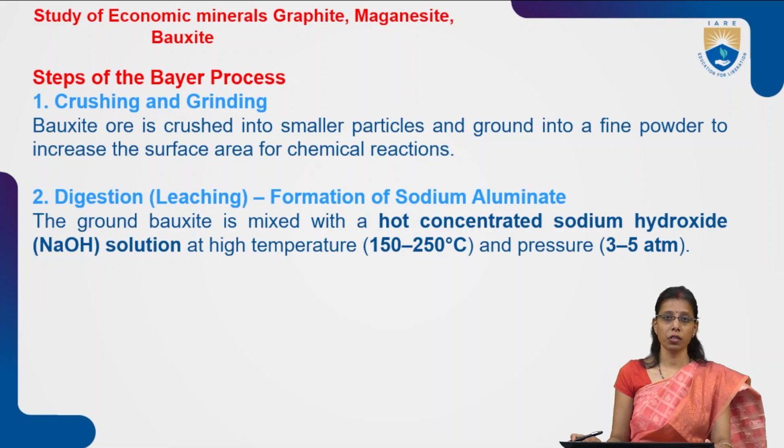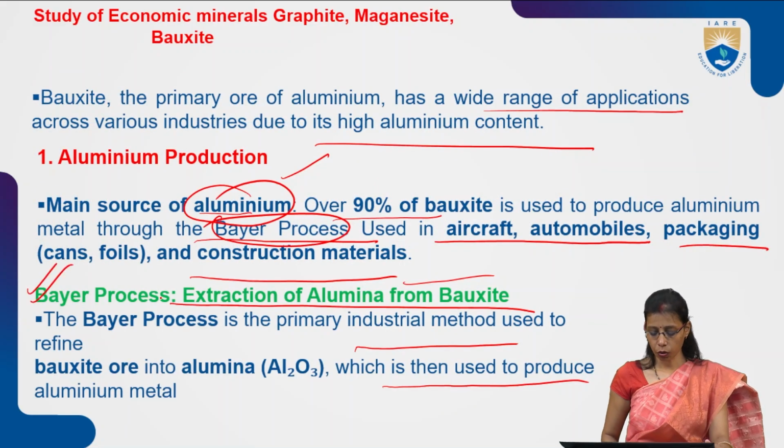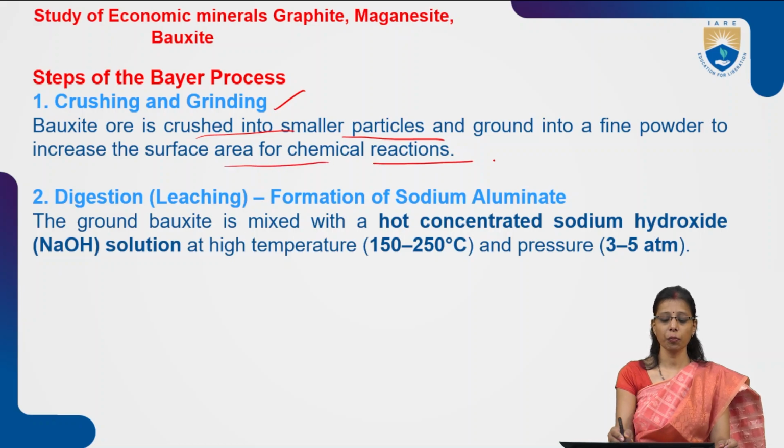Now what are the steps as we are talking about this Bayer's process? In this we have a few steps to produce the aluminium. The first step of the Bayer process is crushing and grinding. Bauxite ore is crushed into smaller particles and ground into a fine powder to increase the surface area for the chemical reactions.